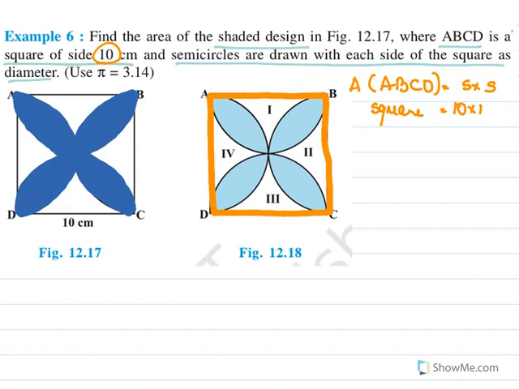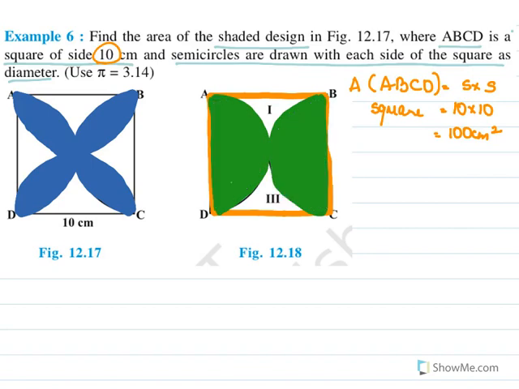So 10 into 10, and that is 100 centimeter square. Then from there we will subtract these 2 semicircles, area of this semicircle and the area of this semicircle. So when we subtract the 2 semicircles, which area remains? Area 1 and area 2.